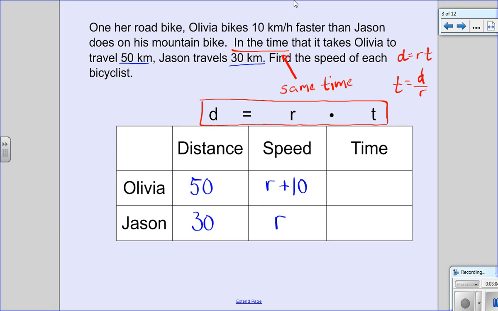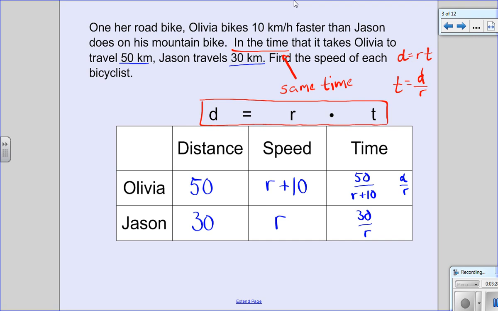For Olivia, her time is 50 over R plus 10. And I got that because I put her distance over her rate. And for Jason, his time must be 30 over R. That's his distance over his speed.